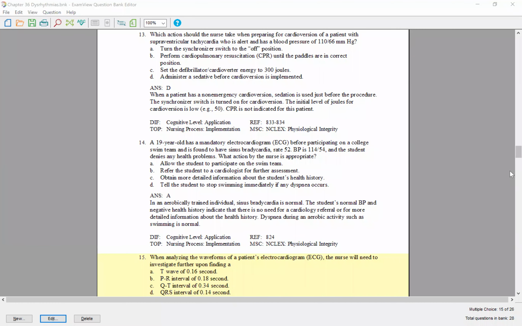So this is again another recall question. So it's simply asking you what are the normal measurements of the waves and complexes. I don't recall this one, Professor.